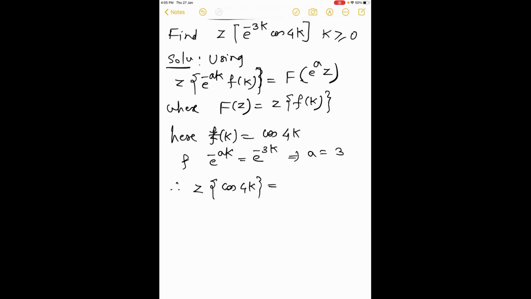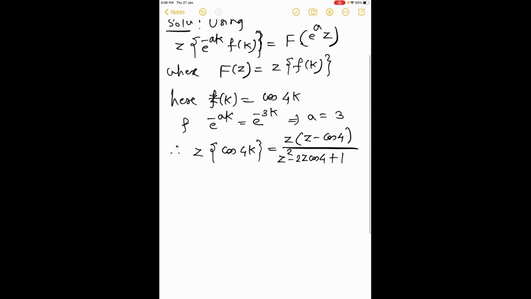What is the cos 4k answer? z into z minus cos of 4, divided by z square minus 2z cos 4 plus 1. Very good. So this is the answer for the cos of alpha k expression, where alpha is 4 here.